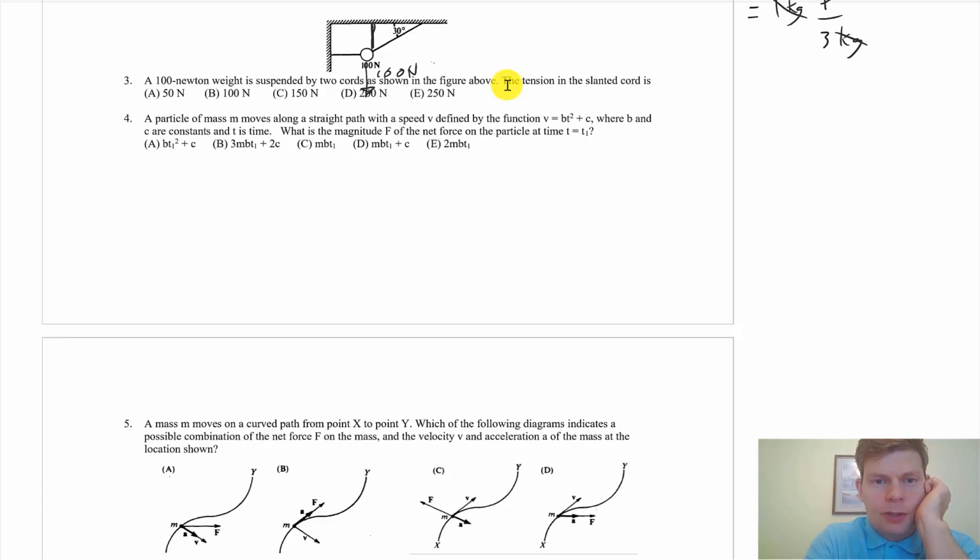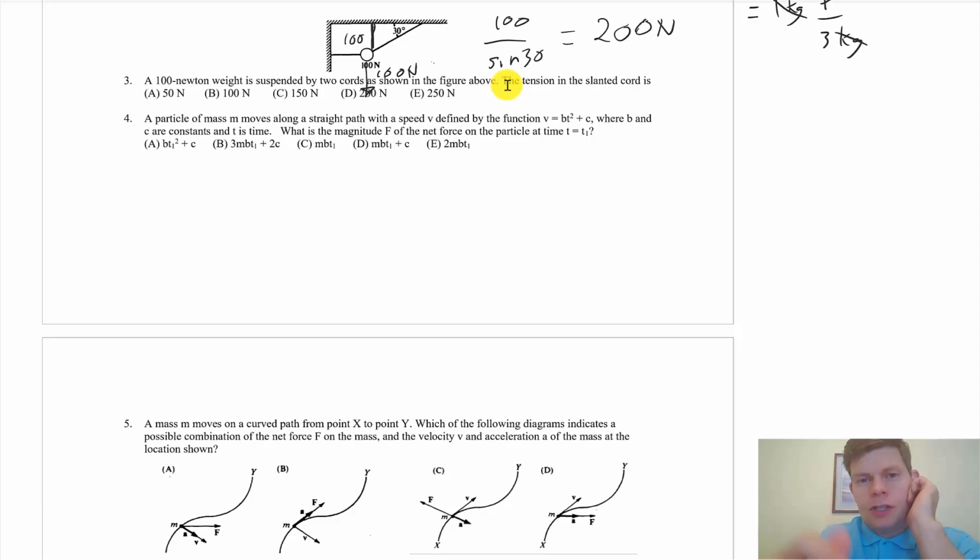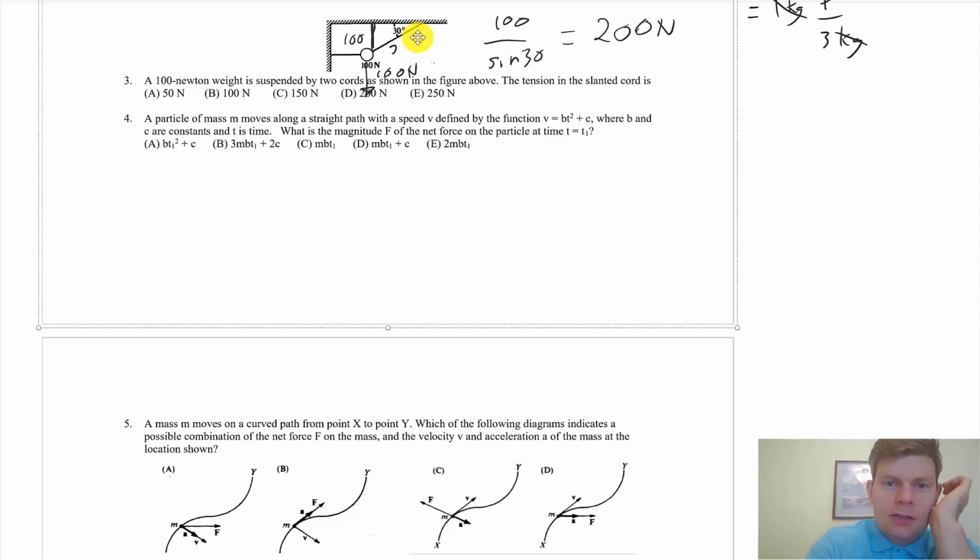Here's the only down force. Here's your only up force. It's 100 newtons. If we do 100 divided by sine 30, which is just a half, we'll get 200 newtons. Sine 30 is just a half. 100 divided by a half is 200 newtons. And so that would be this guy, 200 newtons. And there we are.